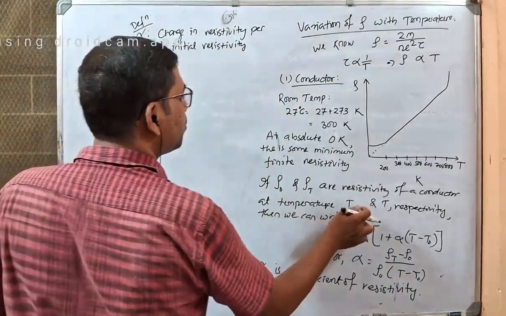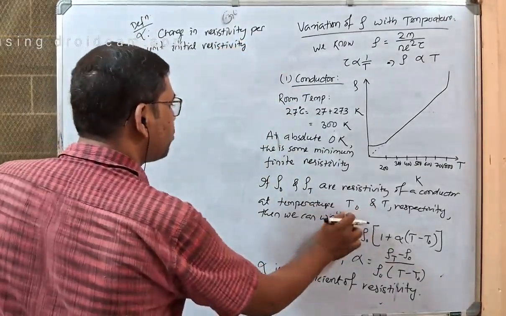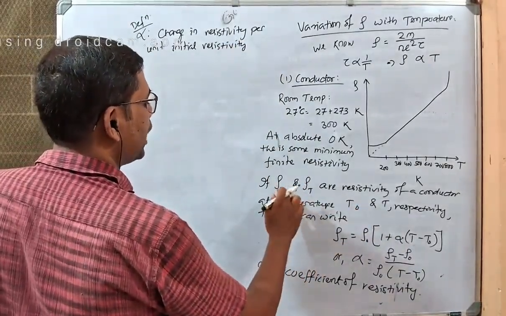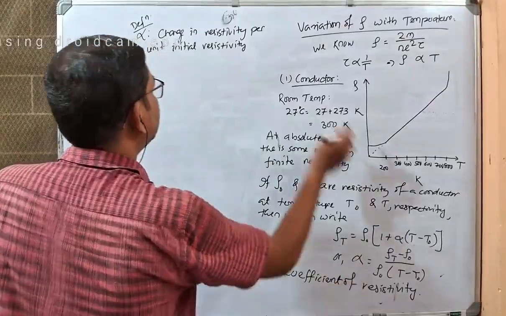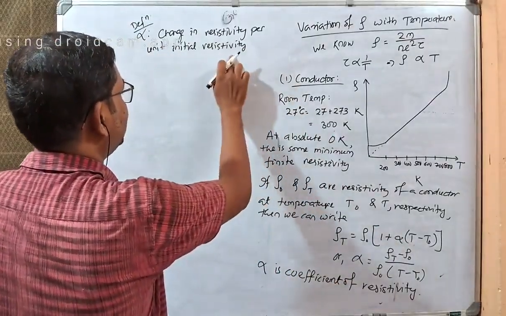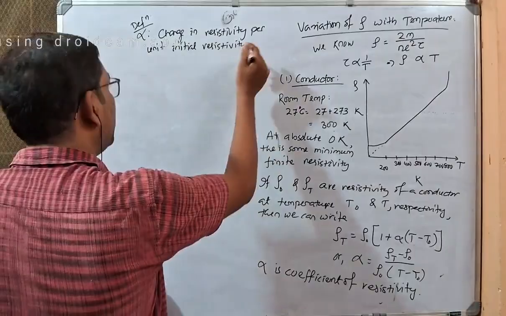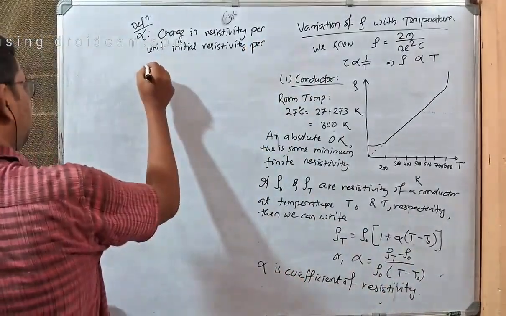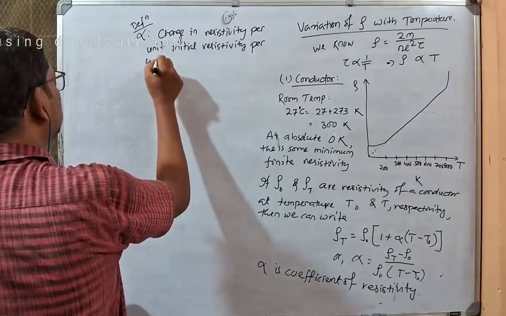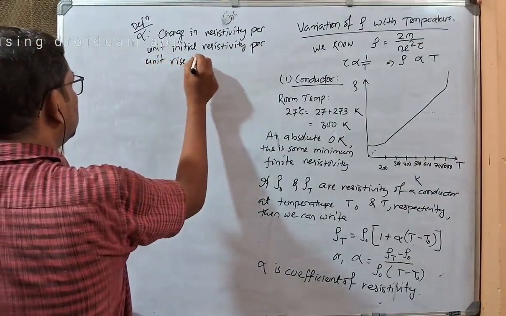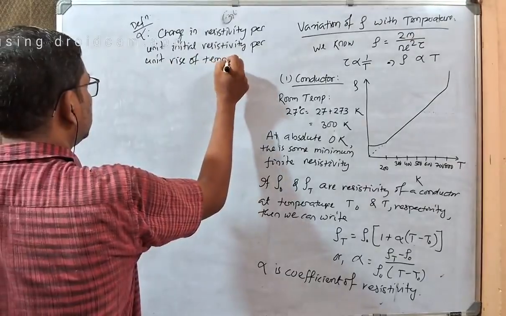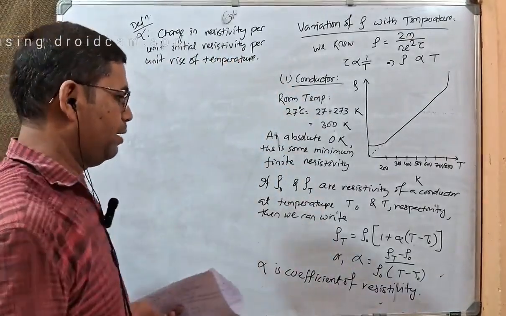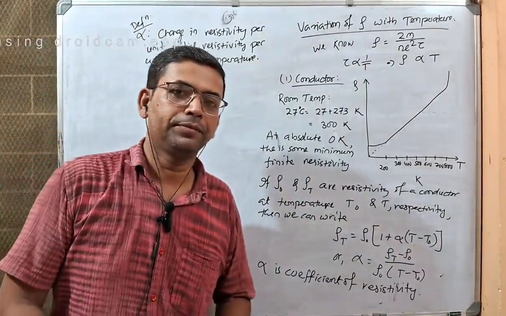You are starting from temperature T0. At that point, your initial resistivity is rho 0, and you are dividing by rho 0, that means per unit initial resistivity. And you are dividing by the temperature change, that means you are calculating per unit rise of temperature.